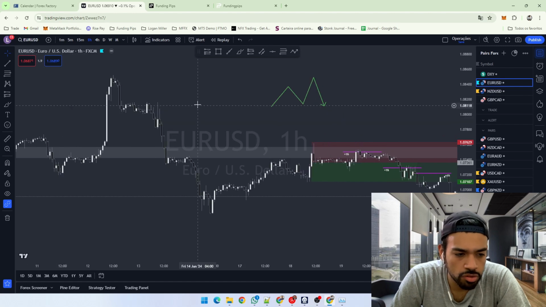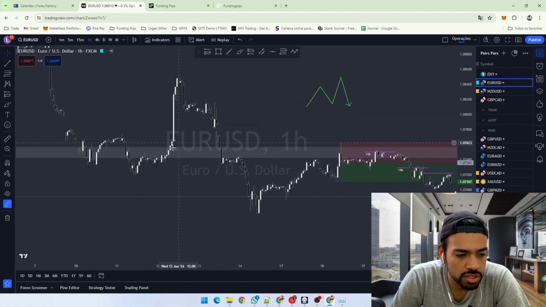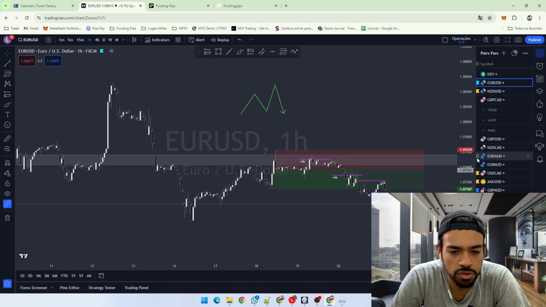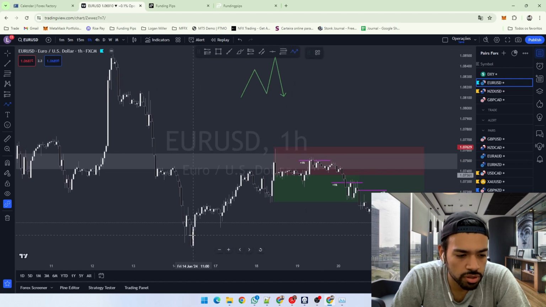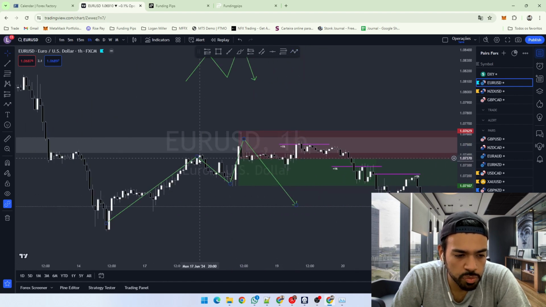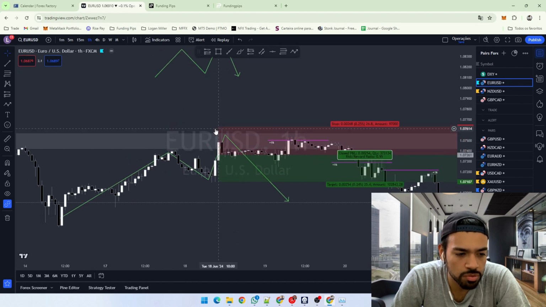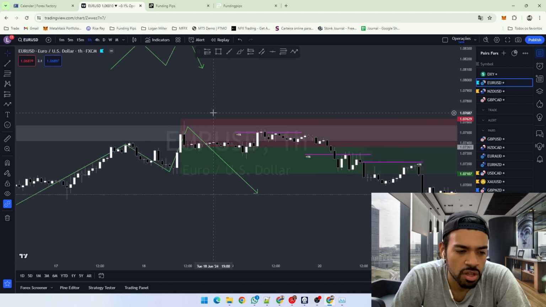When price comes to that area in the daily trend, I look for this type of pattern right here. As you can see, we have this previous high right here, and then the price rejected the high.